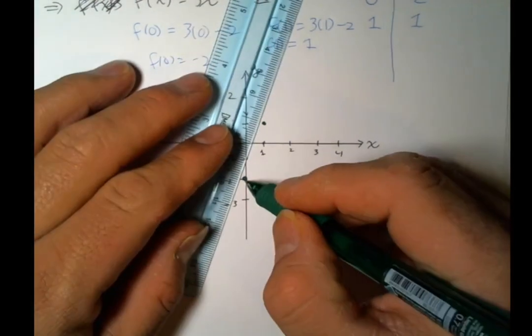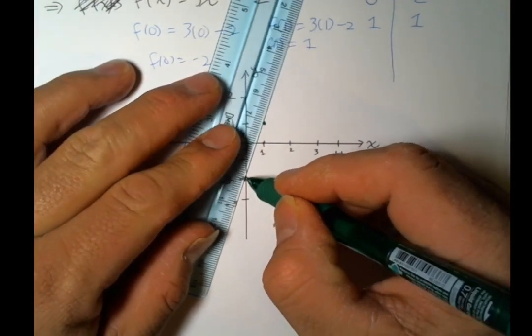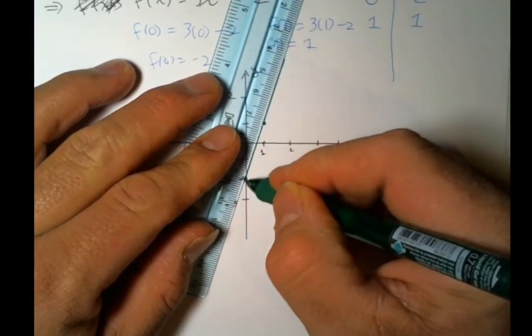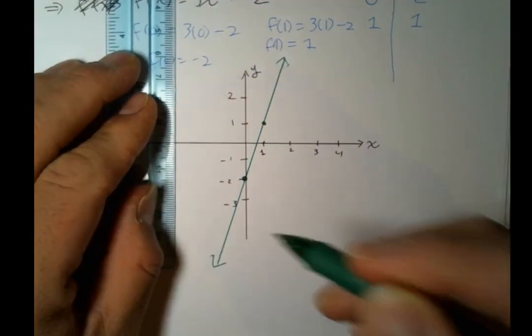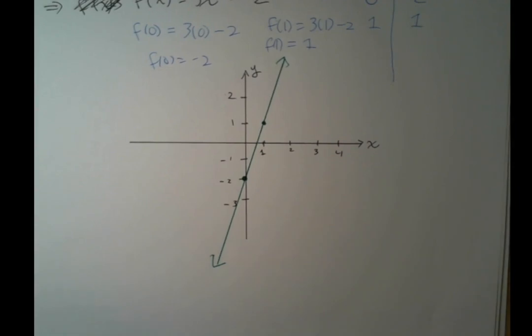I take my straight edge, line these up, and there we go. Now we have our line. That's one way to approach this.